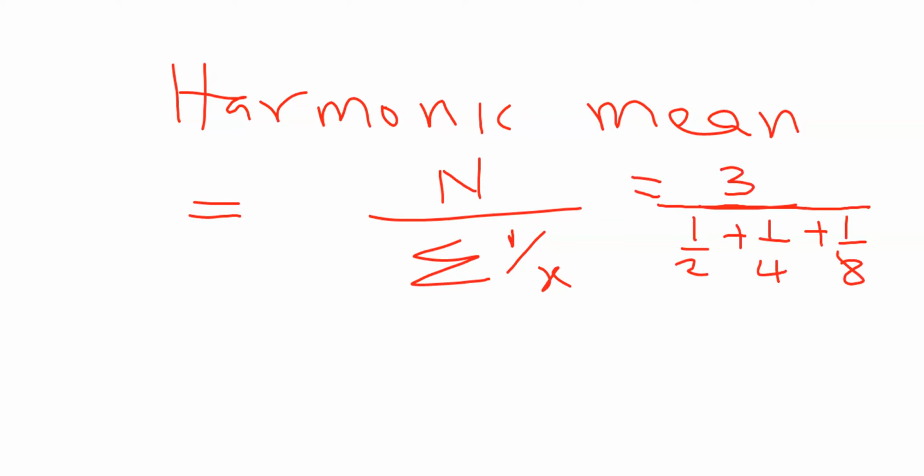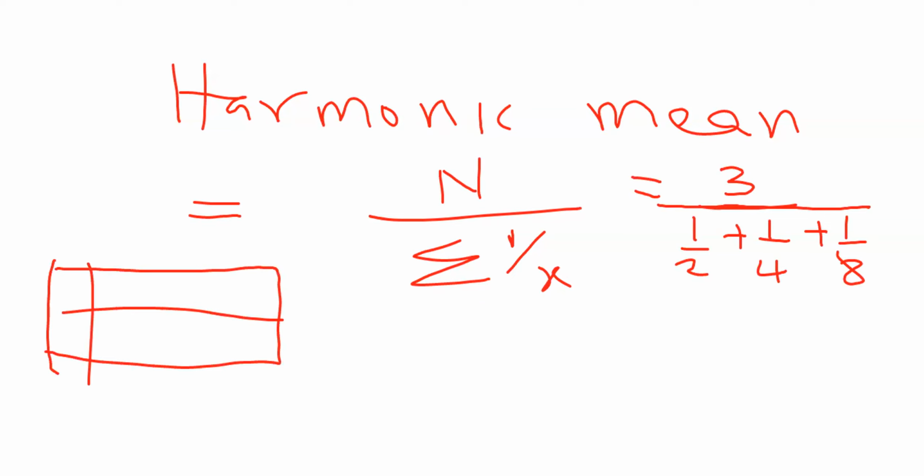Each of the variables, you take the inverse. Assuming there is a frequency, so that we don't bother too much, assuming these numbers you are seeing were like this. Let's assume we had something like this: this one is x, 2, 4, and this one is 8.